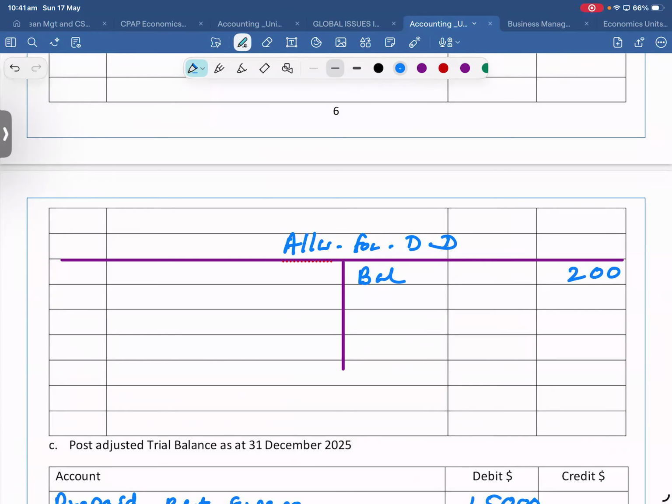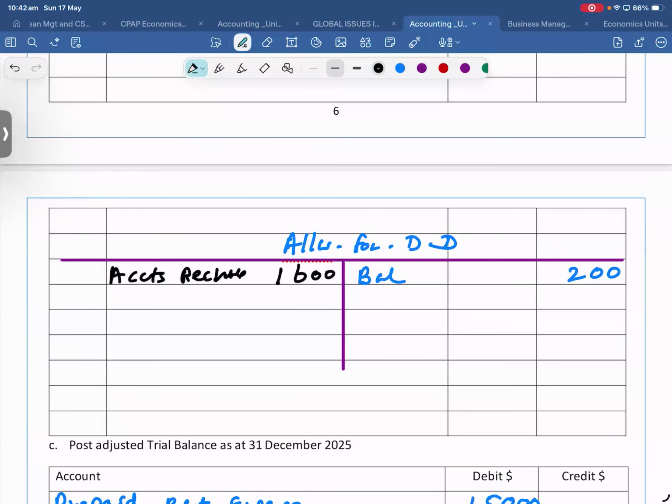Increased allowance. Yes, we debited the doubtful debtors 1600. You don't have to write these things; this is working. You can put 200 on credit, 1600 debit, and so on.